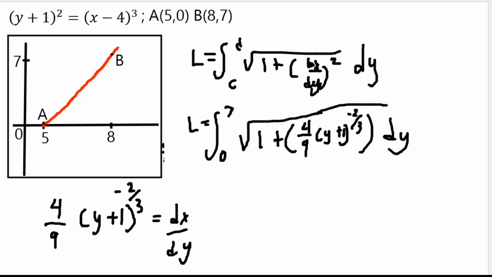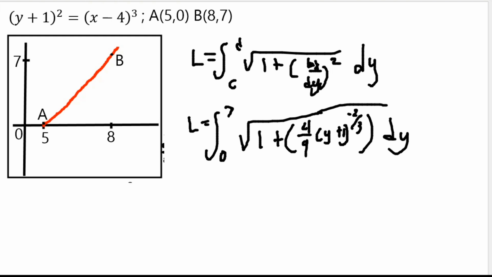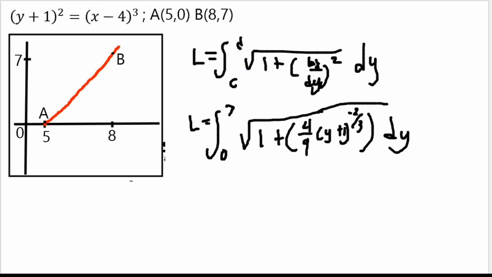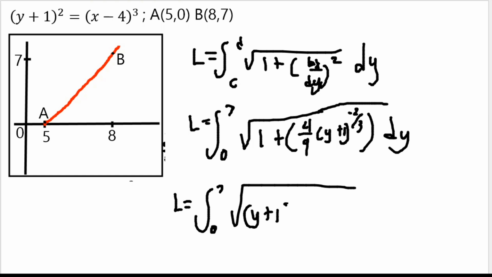Okay. Look at my radical sign. It bends. That's funny. Okay, let's keep going. What we can do here is just factor out the quantity of y plus 1 raised to the negative 2/3. Right? We can just do that. So let's just do it.